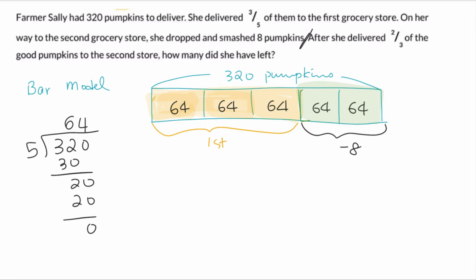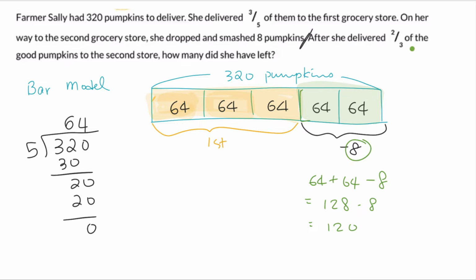So how many are left now? 64 plus 64 minus 8, which will be 128 minus 8, right? And 120 is only the good pumpkins. I'm sorry, not apples, because 8 are ruined. So there are only 120 pumpkins that were going to the second grocery store.